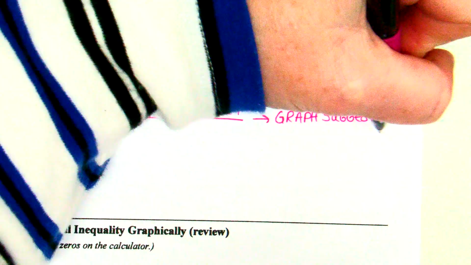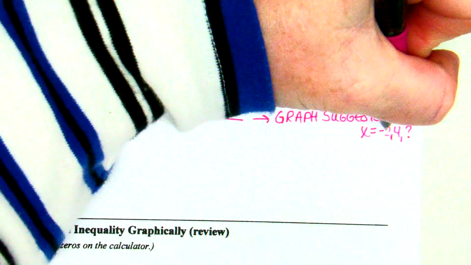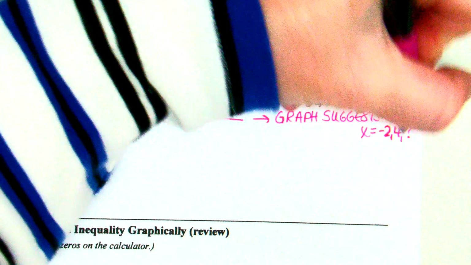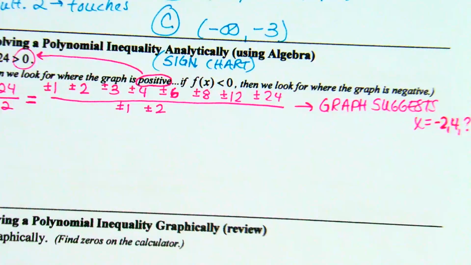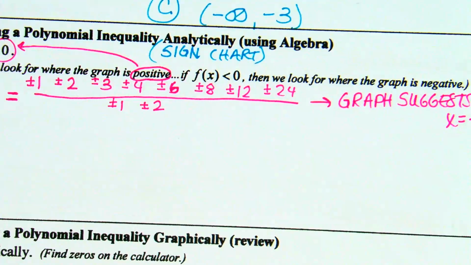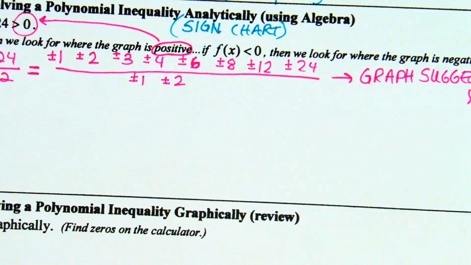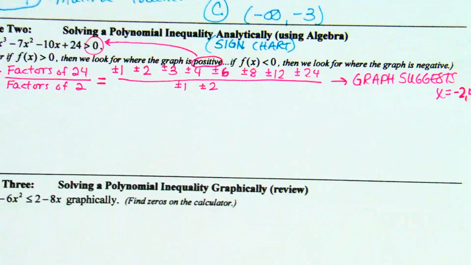Because at that point you're turning it into a graphing calculator problem, and this is not what this is supposed to be. So negative 2, 4, I just put question mark. If you want to write 3 halves because it does kind of look like it, you can, just realizing it may or may not be right in the end. Okay, so what do we do to figure this out?